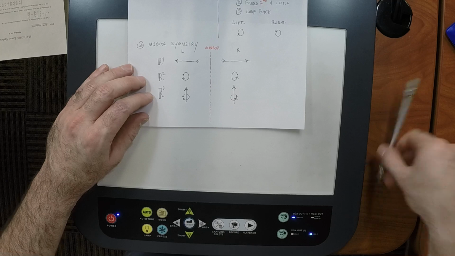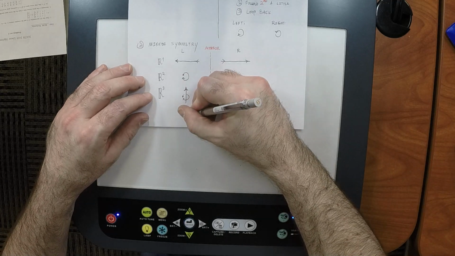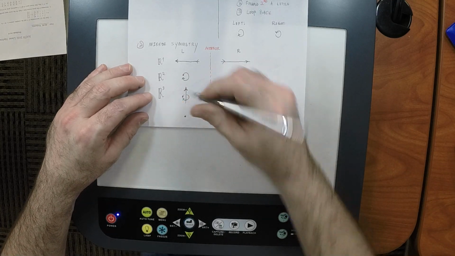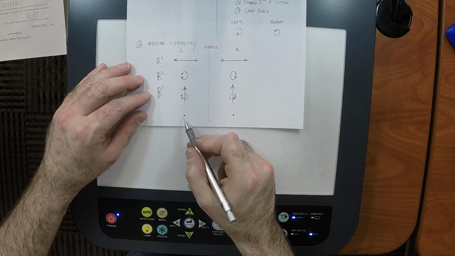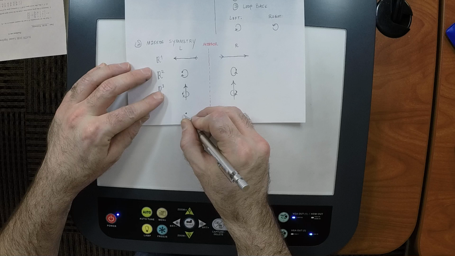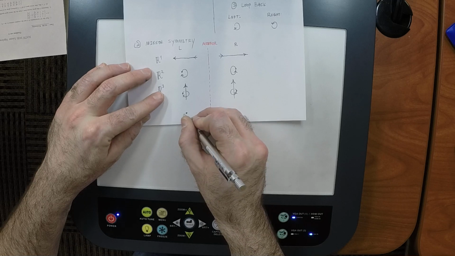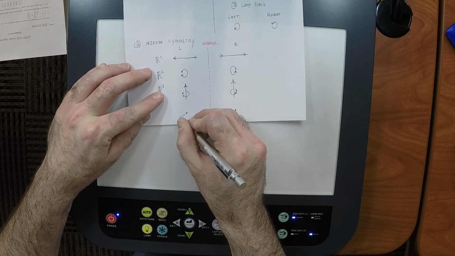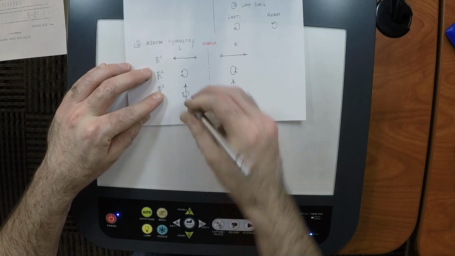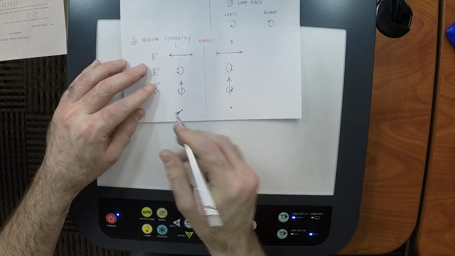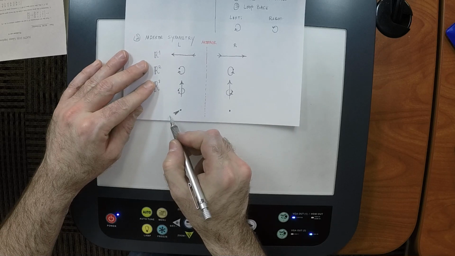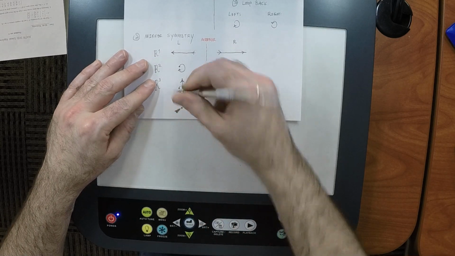So, the molecule in question looks like this: there's a carbon right in the middle. And then if you come out of the page a little bit, there's another atom right here, like this.